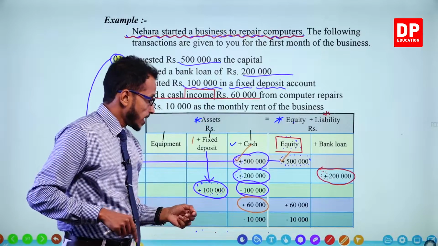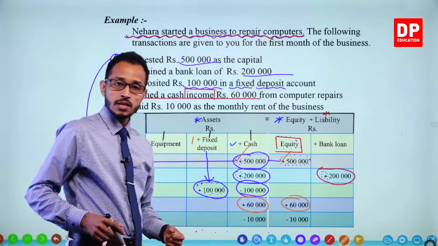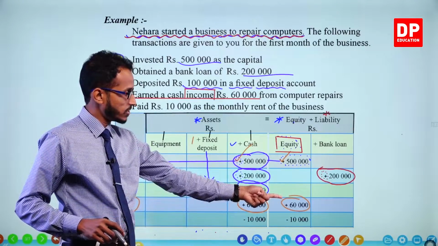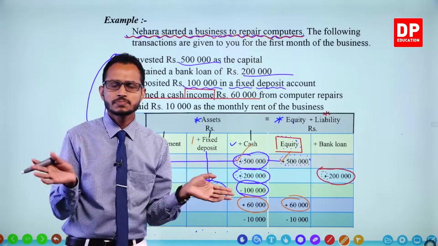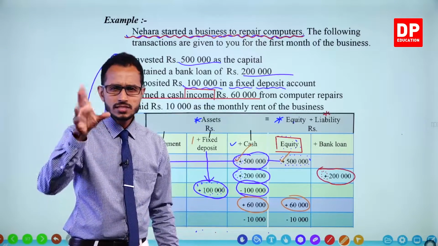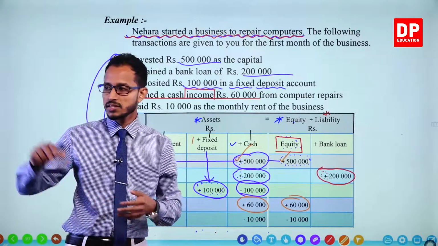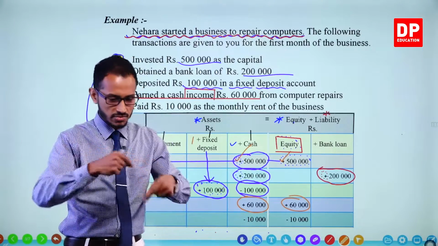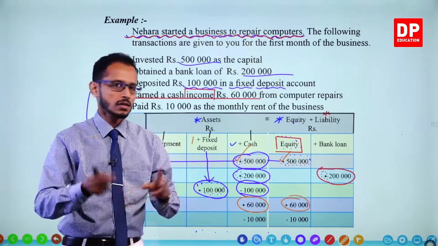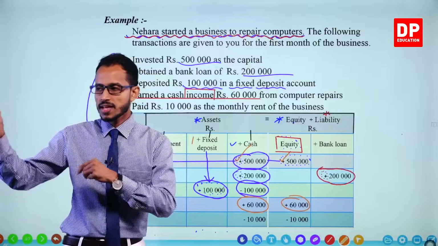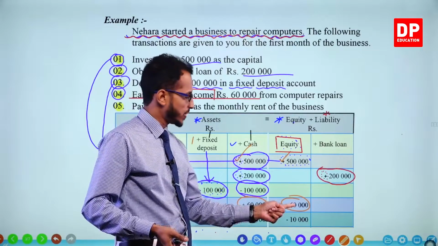But see how the equity also has increased by 60,000. Why is that? I told you this is not owner's personal money. Nehara is not bringing in cash and investing it in the business. If Nehara brought in her own personal money, that is the owner's investment, and the owner's investment goes under her equity.